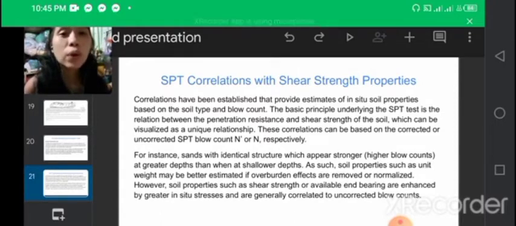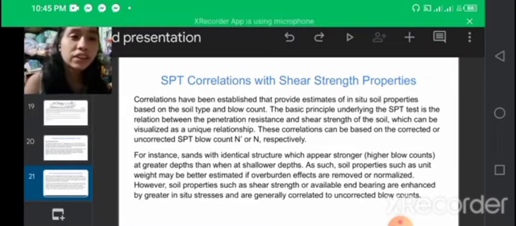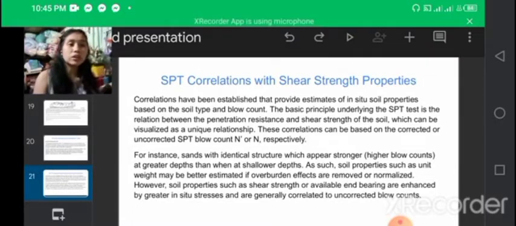However, soil properties such as shear strength and bearing are enhanced by greater in situ stresses and are generally correlated to uncorrected blow counts.